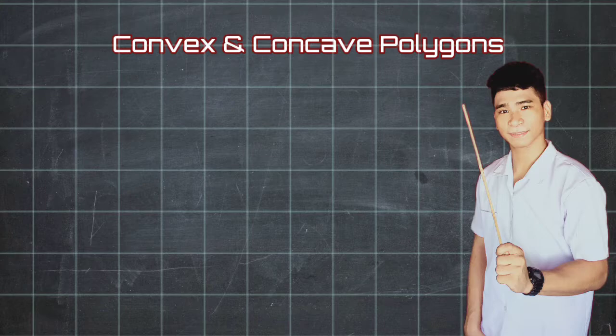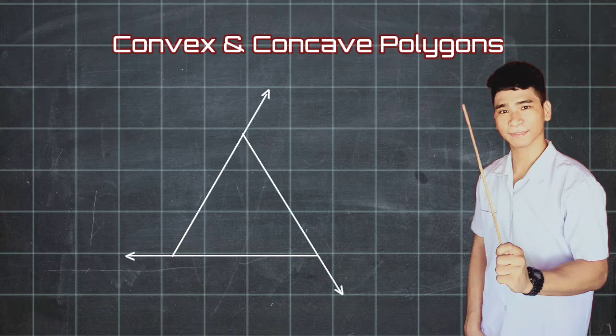I have a triangle. Each side of this triangle, we need to extend it, extend natin siya ng tamang-tama. We all know that the points of this triangle are named by capital letters: point A, point B, and point C.